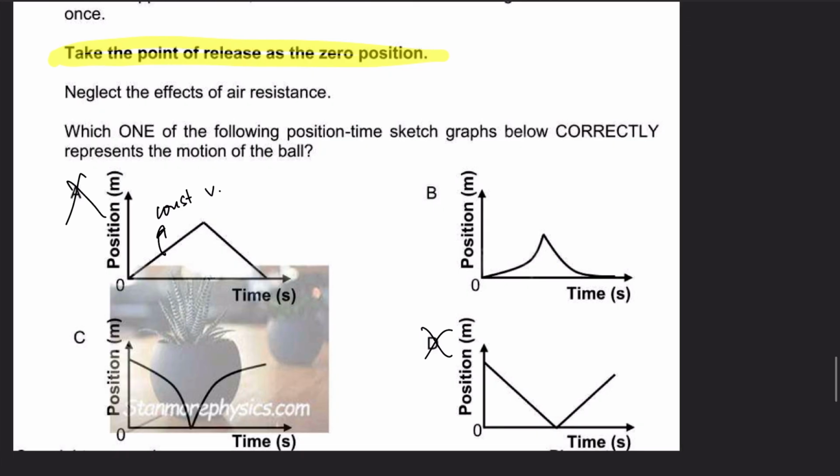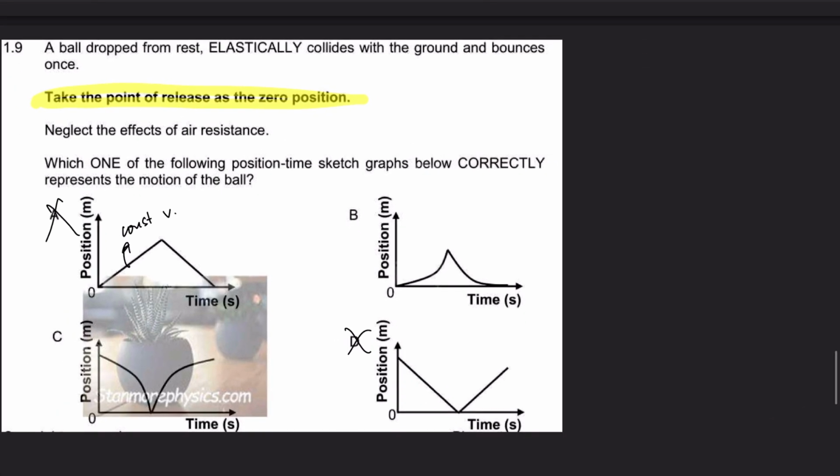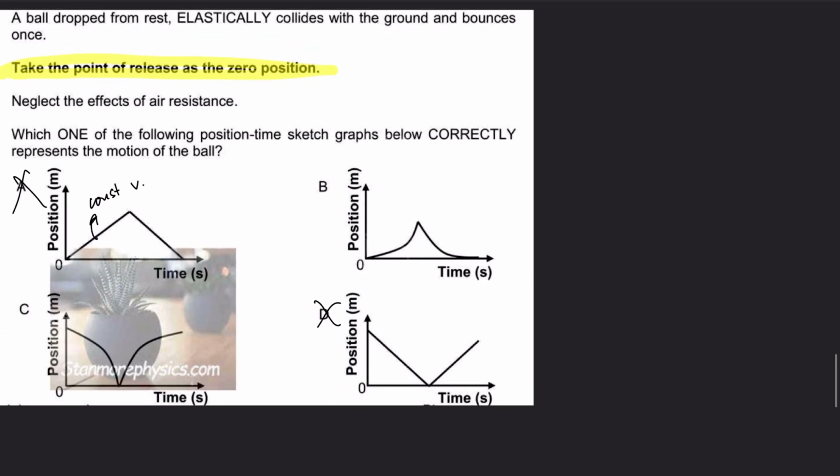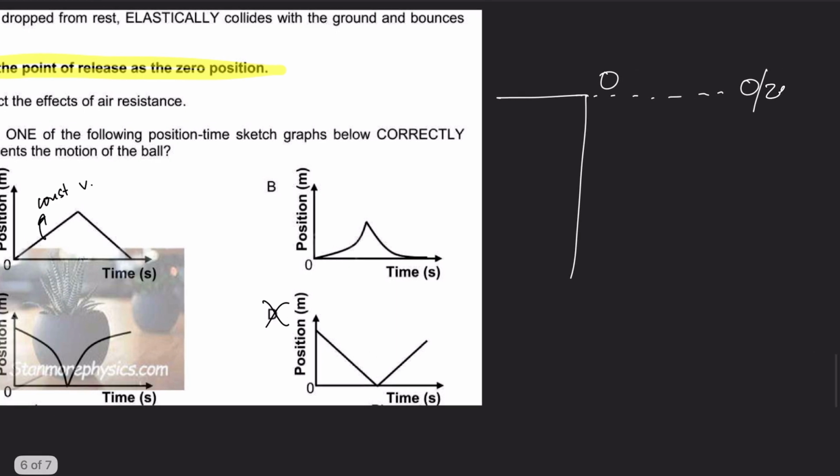All right, so now we're left with B and C. Now let's consider for a moment. Let's just draw a diagram here and maybe it'll help us. So say we have this object, we have this ball, and this is my 0. Right, that's my 0. Okay, let's just write there 0.